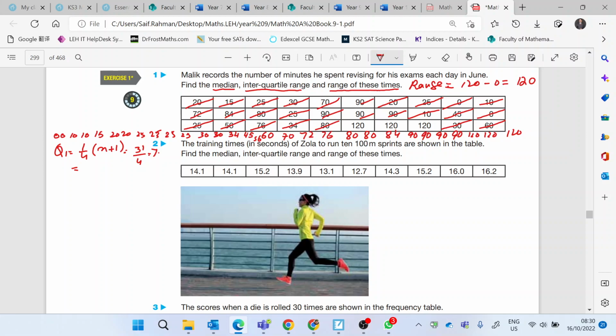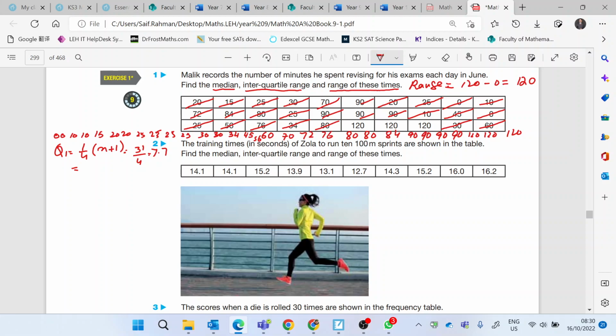So it's 7.7, which means the number between the 7th and 8th value is our Q1.